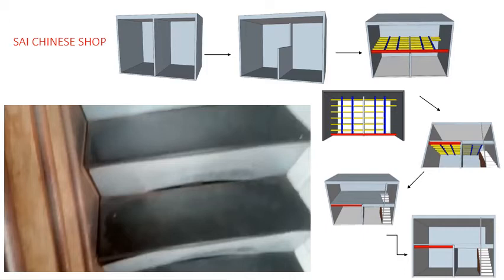To add the mezzanine floor, they cut the wall, leaving a distance of 2.4 meters, and afterwards the intermediate wall is cut or removed. Then for the mezzanine floor, metal frames are used.